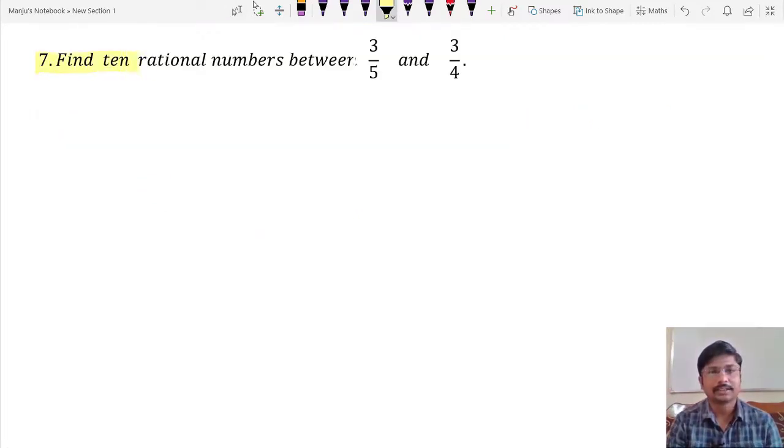Now we'll move to seventh main. Find 10 rational numbers between 3 by 5 and 3 by 4.